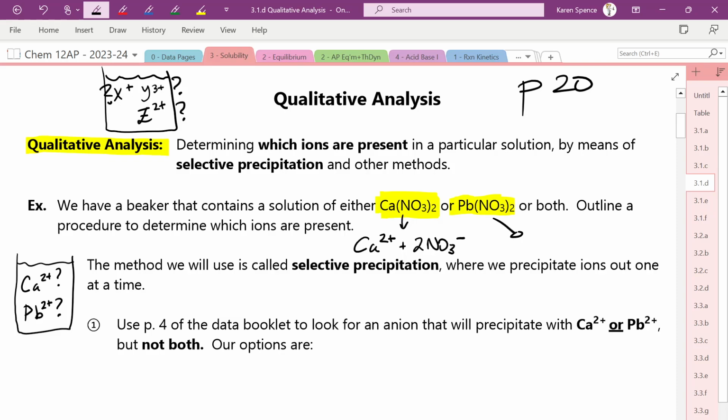But more importantly, a spectator ion, yes. Okay, because nitrates are soluble with what? Nitrates are soluble with what? Everything.